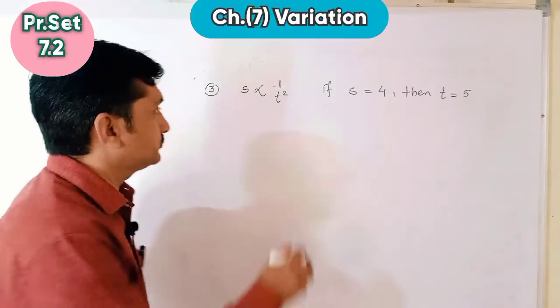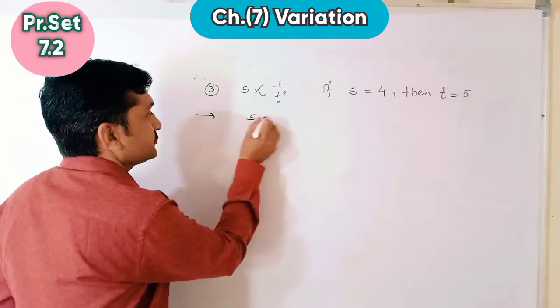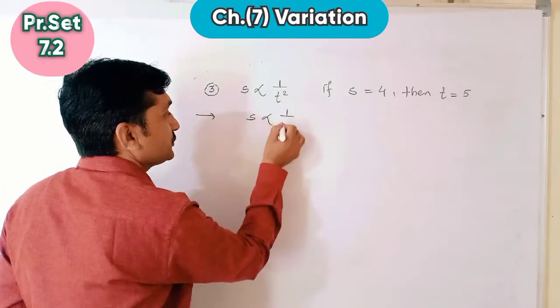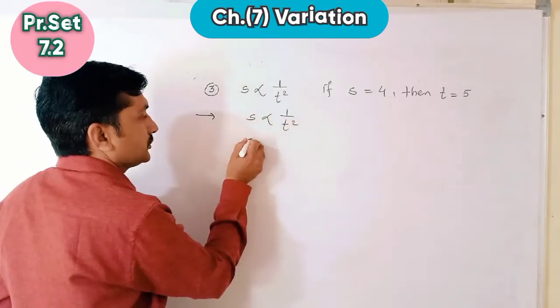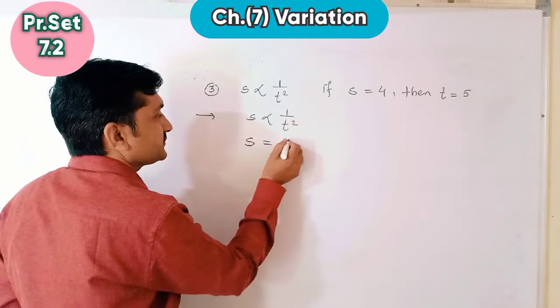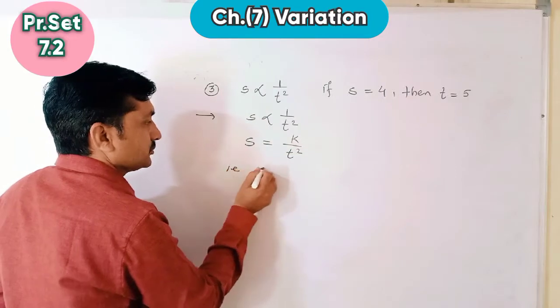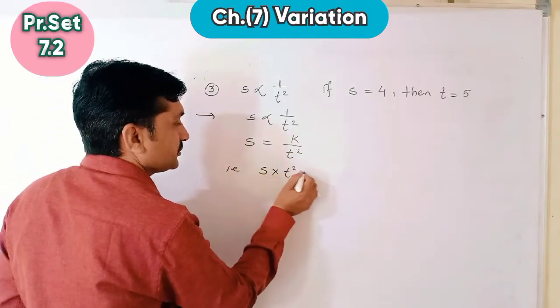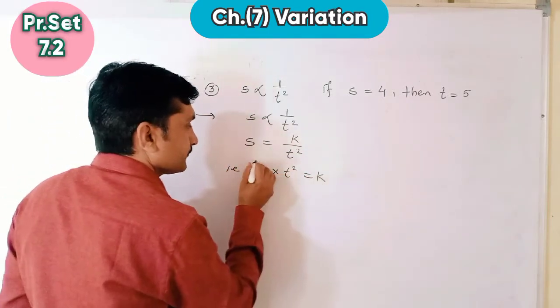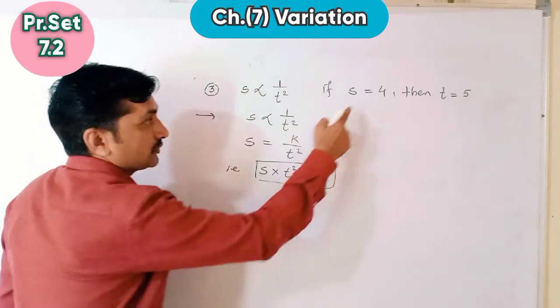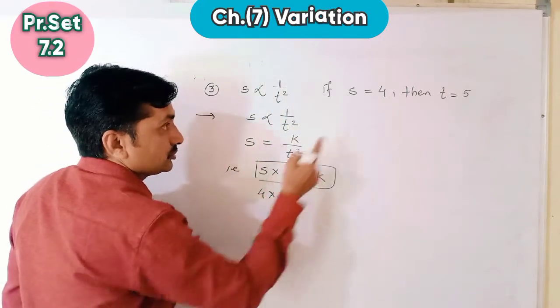Third example, S is inversely proportional to t square. Therefore we can write it as S is equal to k upon t square. That is, S multiplied by t square is equal to k. Now S value is 4, t value is 5.